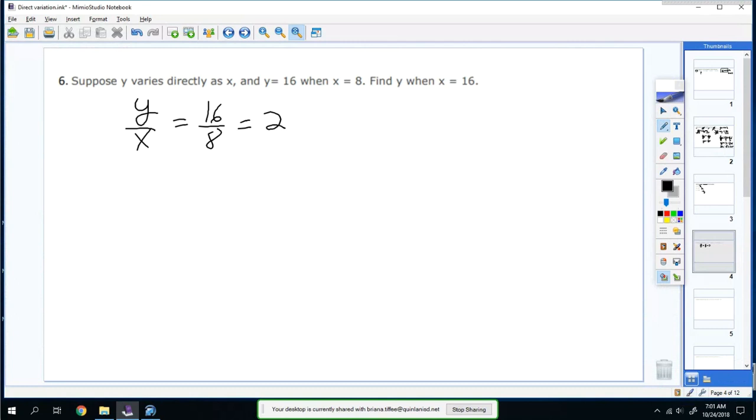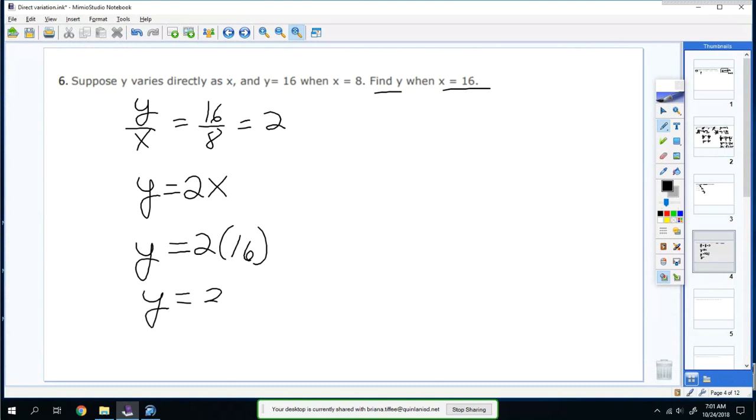So my constant is 2, and so my equation would be y is equal to 2x. So it says find y when x is 16, so you just have to plug that into the equation. So you have y is equal to 2 times 16, which equals 32.